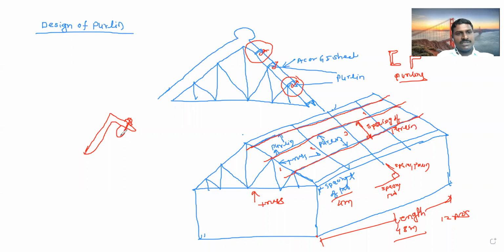The J hook is there. This J hook we can provide like this with the sheet. So this is the thickness of the sheet also. So in this way, this is the purlin. Okay, so I will go to the next page.